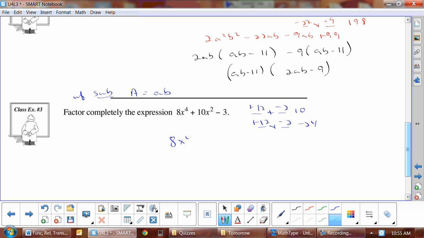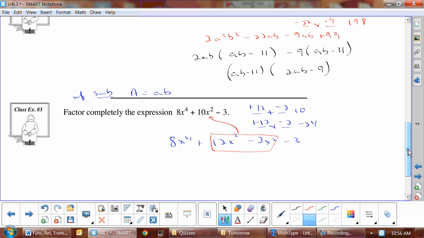So 8x to the 4 plus 12x squared, minus, sorry, 2x squared minus 3. So what do you got to really worry about on this one? Making sure you're not putting 12x and minus 2x, right? Because these two must equal this. And obviously, they got to be both x squareds, okay?